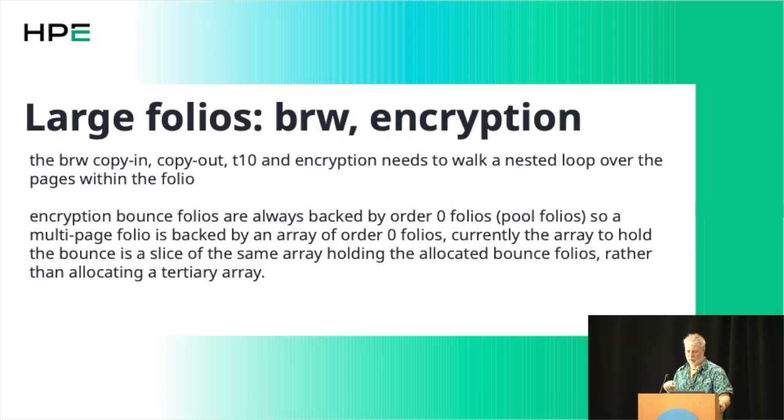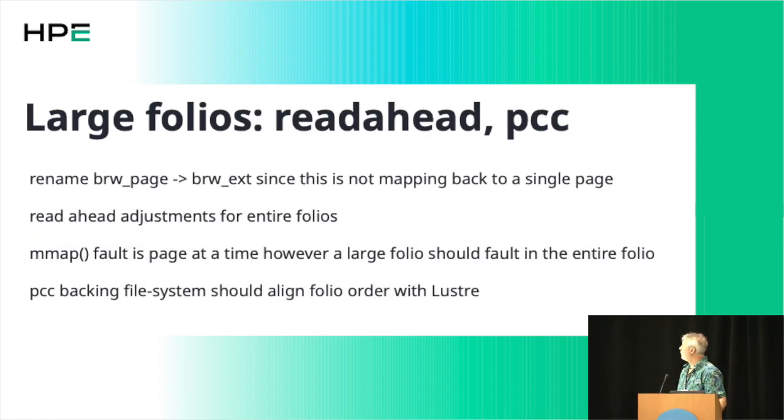And all the bounce buffers are all order 0. So we have to keep a little track that we're breaking up a folio into multiple. So let's see, yeah, we renamed BRW page because it's no longer a page.